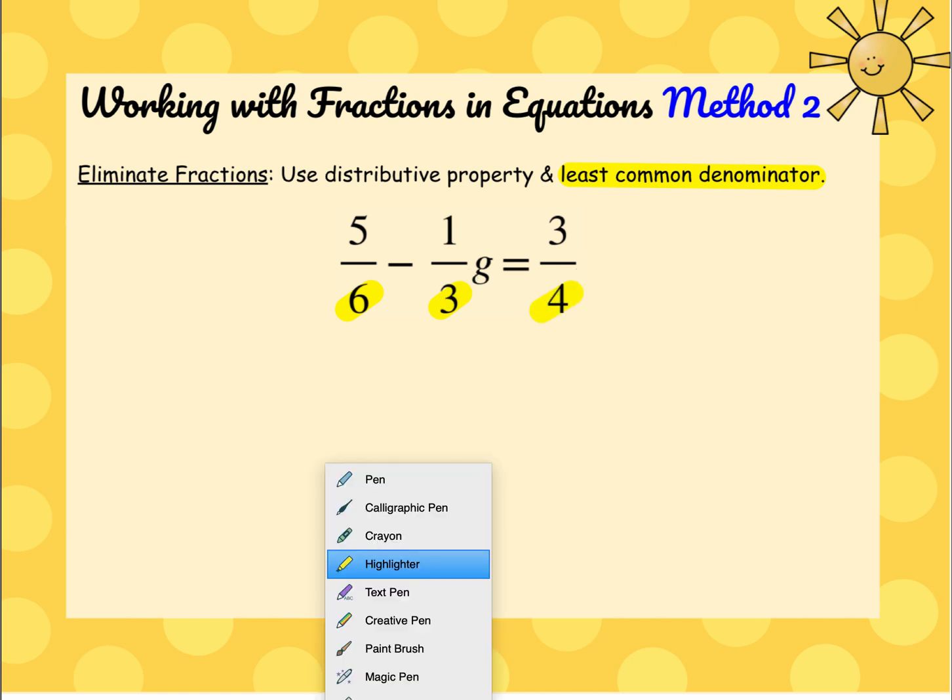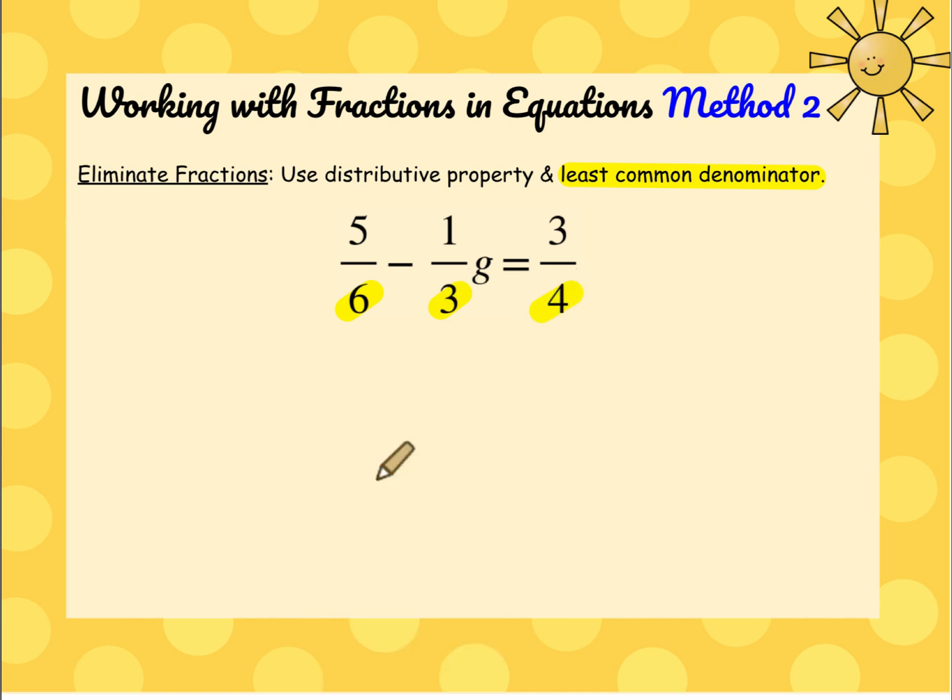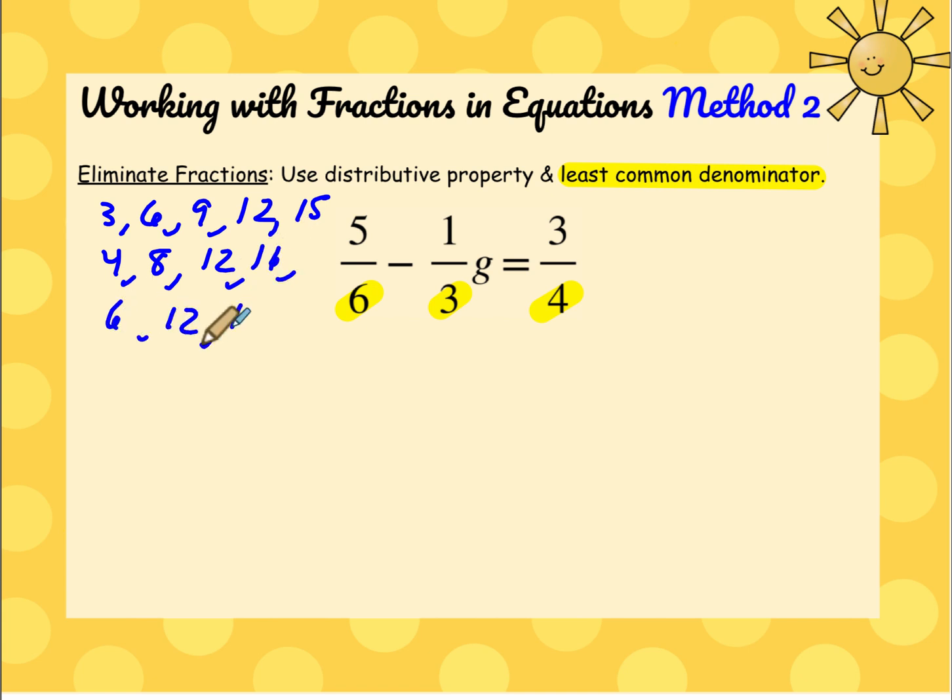So if we made a list of those and we went through the multiples of 3, 6, 9, 12, 15, etc., the multiples of 4, 8, 12, 16, etc., 6, 12, 18, 24, etc. What's the one that they all have in common? Well, I see that they all share 12 as a common multiple.